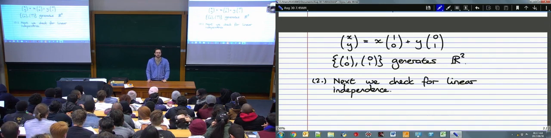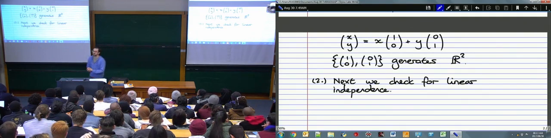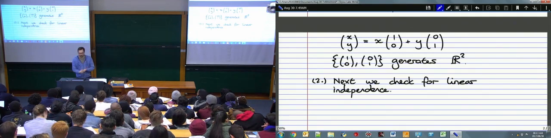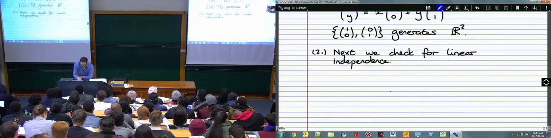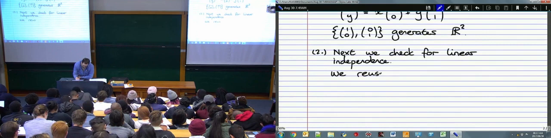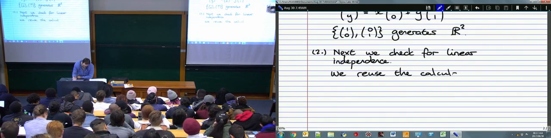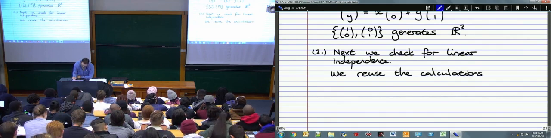So we use that calculation, but now instead of taking an arbitrary vector (x, y), we set x equal to 0 and y equal to 0. We just check how it may generate the 0 vector. So the quickest thing to do is reuse our calculations above.